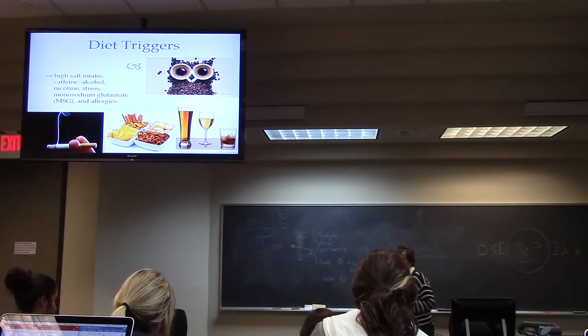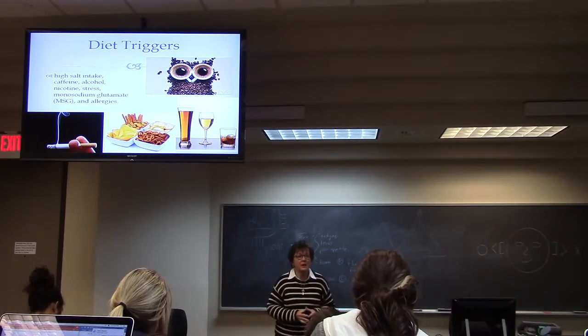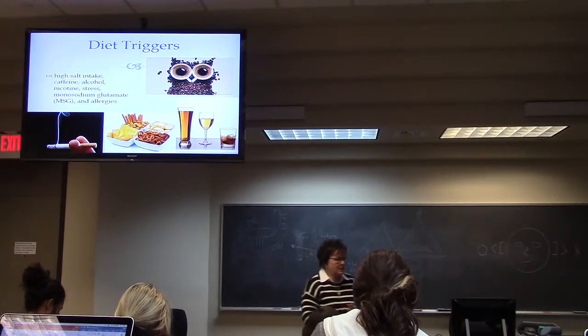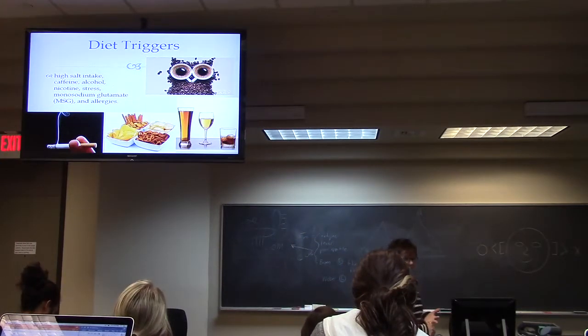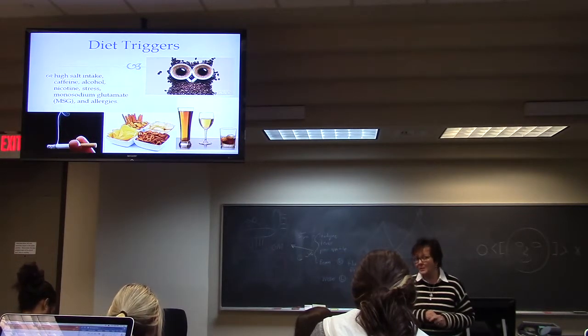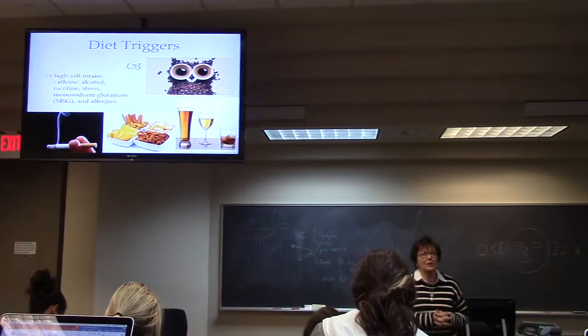There seem to be a lot of dietary triggers associated with Meniere's disease. So you'll see recommendations to decrease their salt intake, and we'll use diuretics to address that, because the fluid building up in those areas, the edema, seems to be part of the problem.